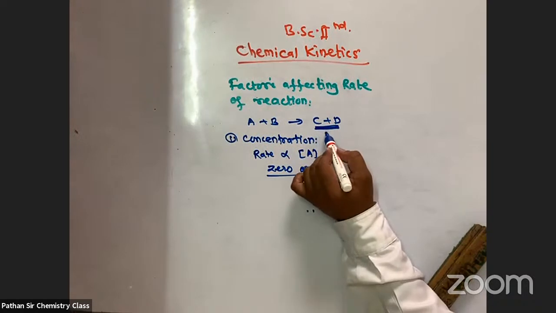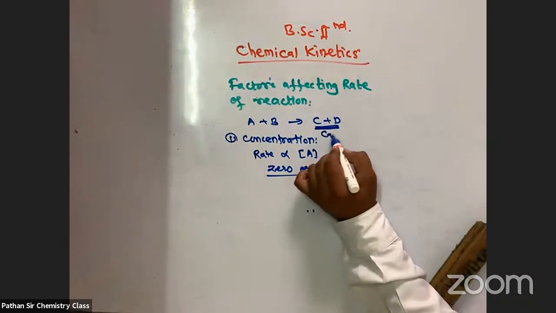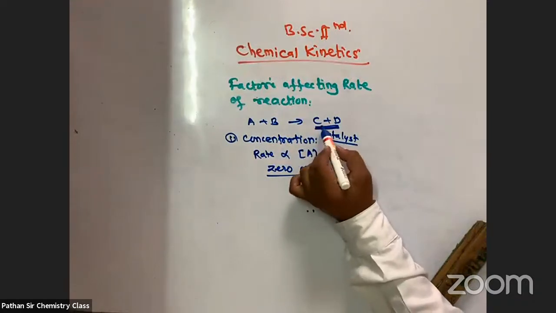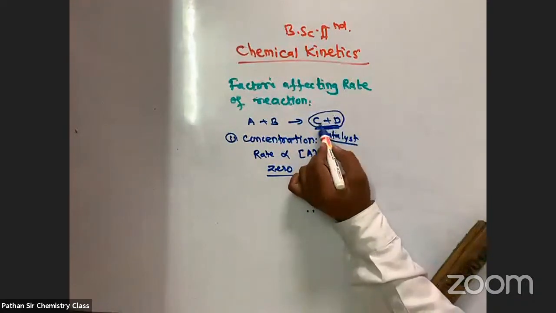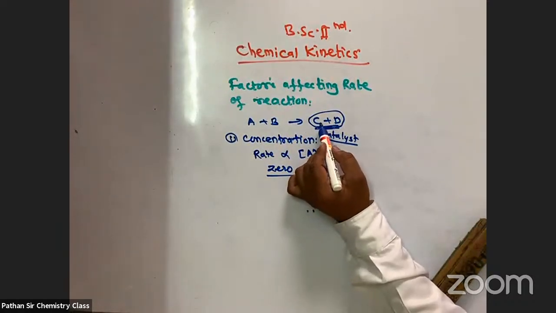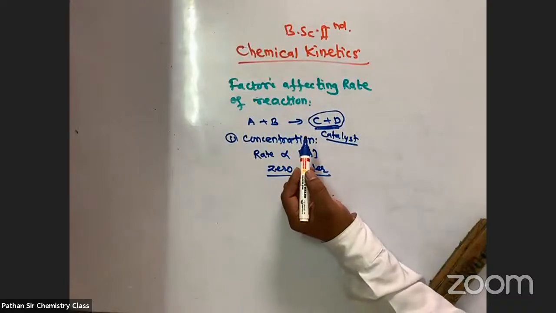The formed product can act as a catalyst. If that product is enhancing the rate of reaction, then as the amount of product increases, the rate of reaction also increases.